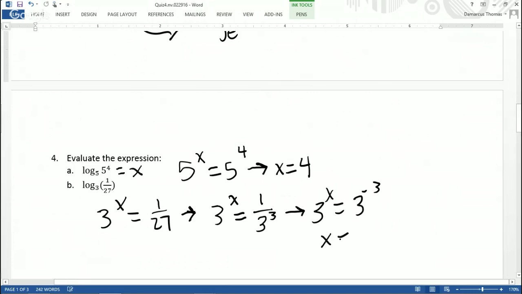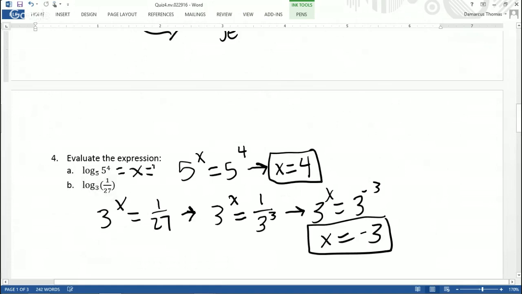And therefore, x is equal to negative 3. And so we found both of the answers there. x is 4 for A, and for B we get x is negative 3.